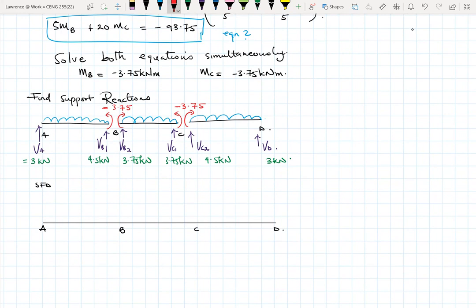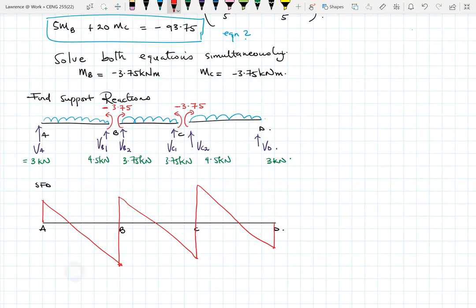So my shear force goes up here to 3, and between A and B comes down to 4.5. So I have this straight line, 4.5. Then it goes up to 3.75. Then it comes down to again 3.75. Then it goes up to 4.5. And it comes down again to 3.